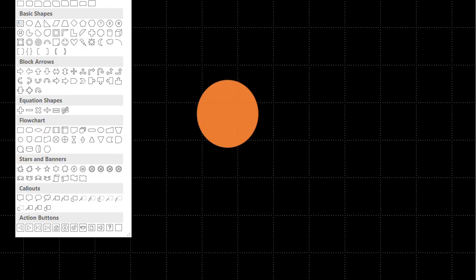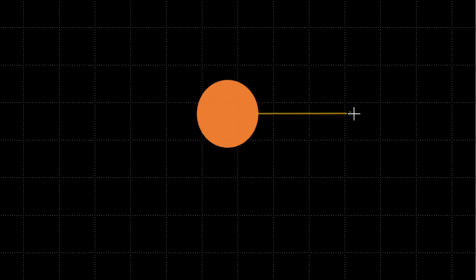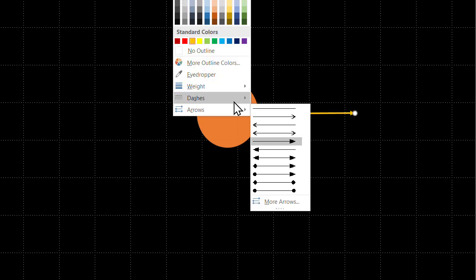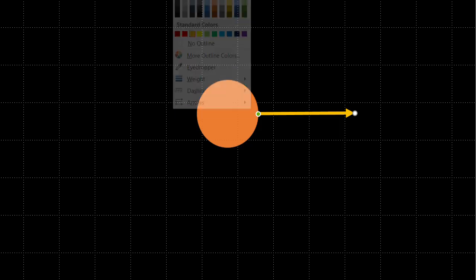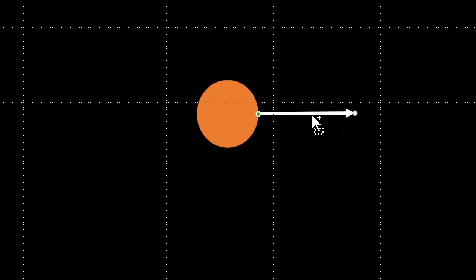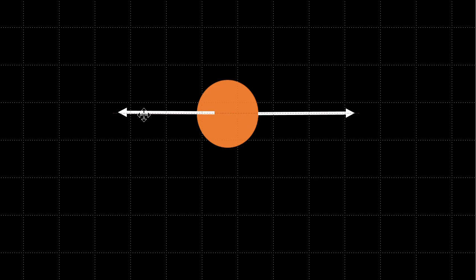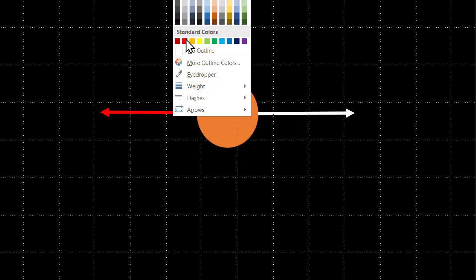You have two ropes. I'm going to make one rope a lot thicker, and let's make it white. And let's take another rope and keep it exactly opposite on the other side, and let's take blue.